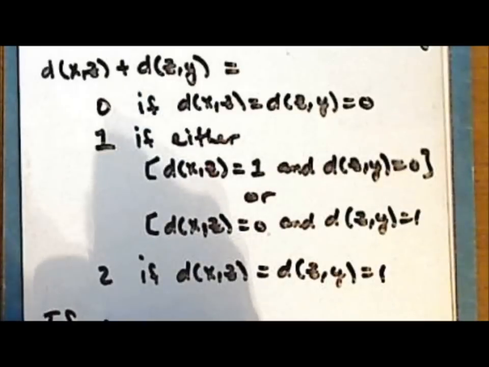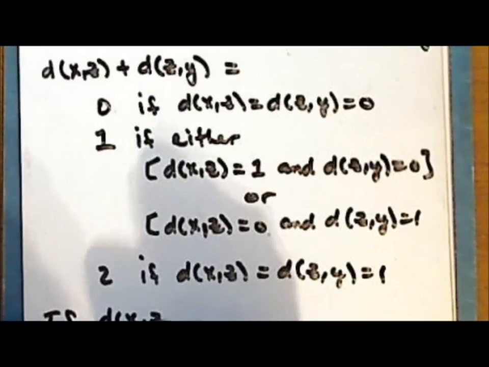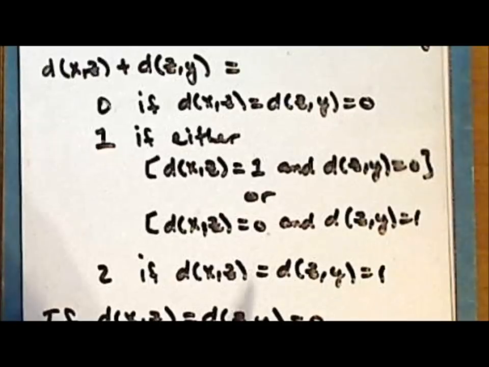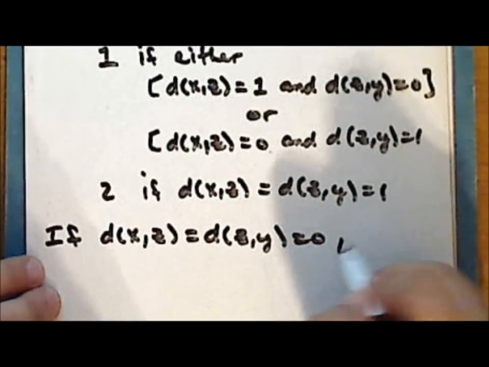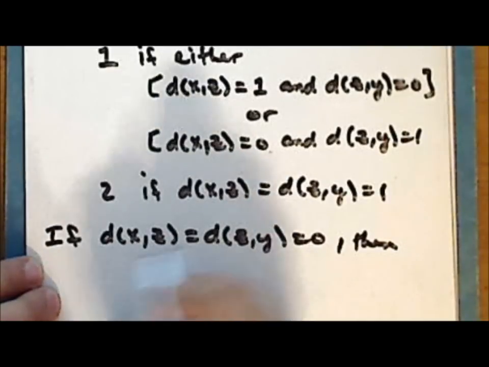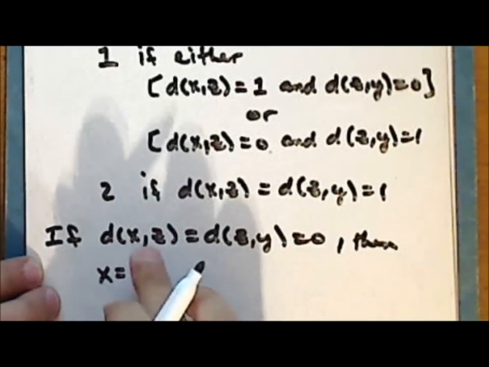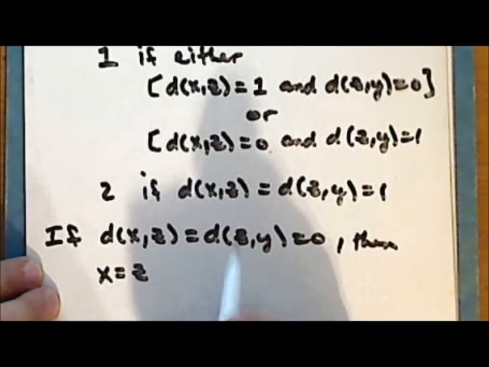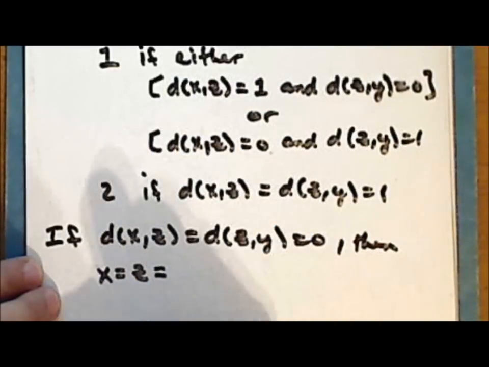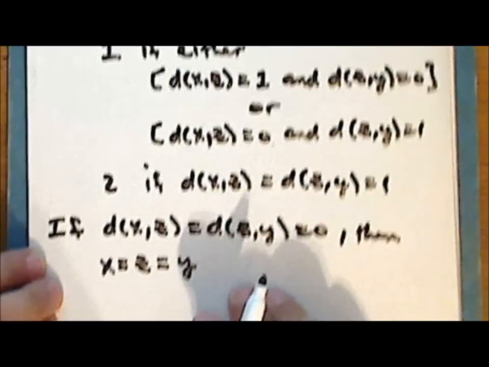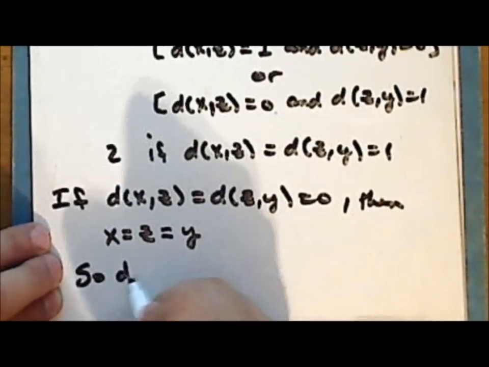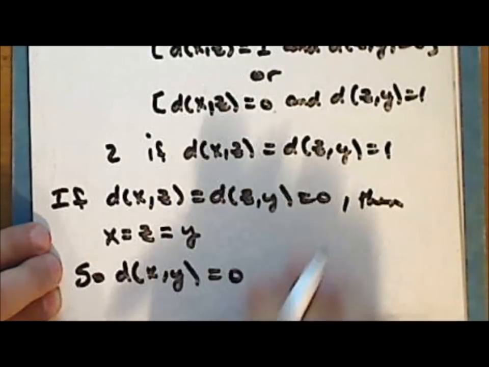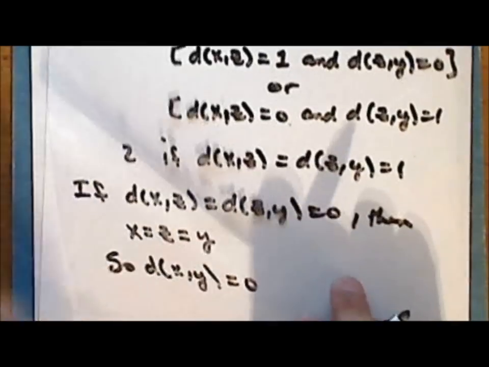If the distance from x to z and the distance from z to y are both 0, then by definition x and z are the same point, and from the second distance, z and y are the same point. So x is equal to z, which is equal to y, and so the distance from x to y is 0, which is certainly less than or equal to 0. All right?